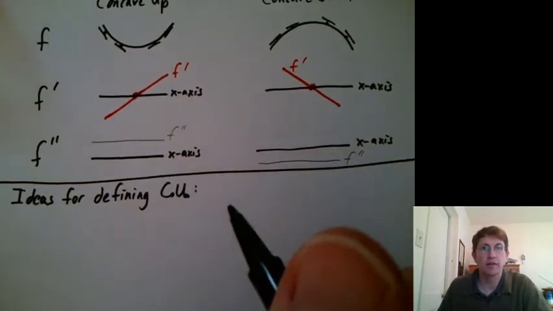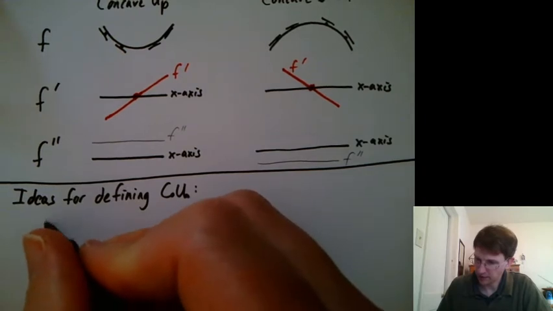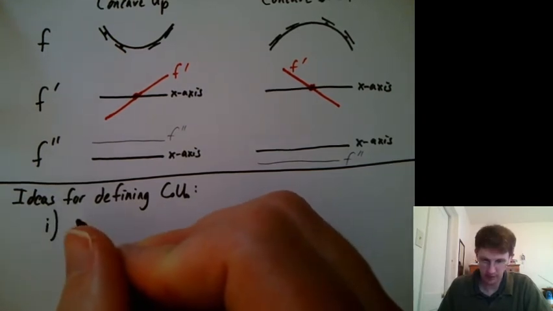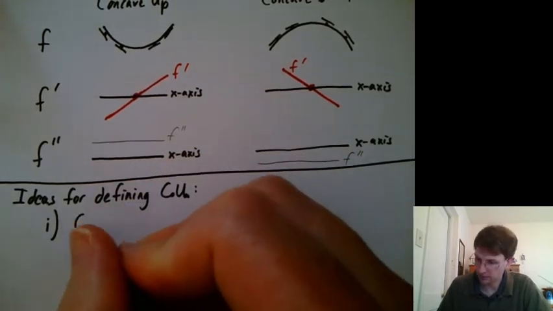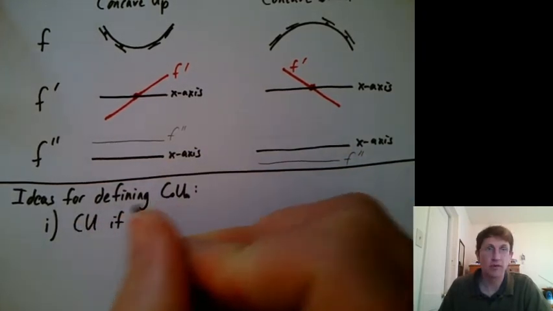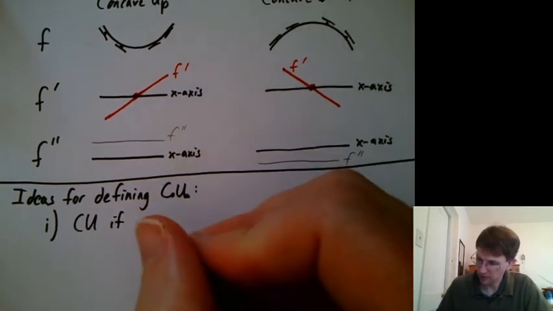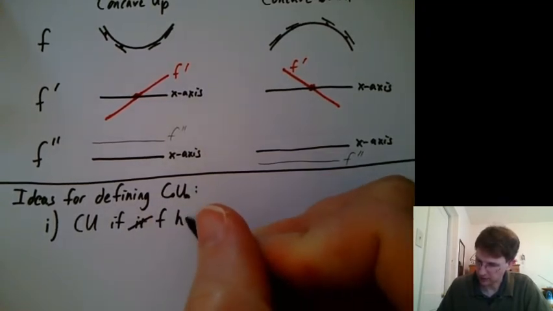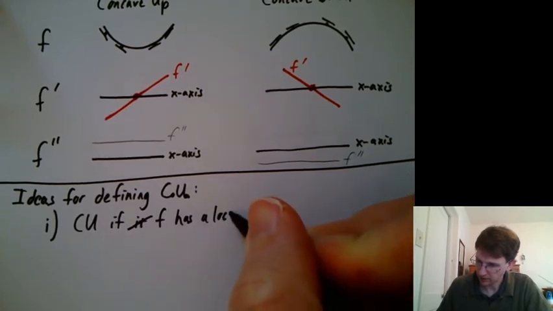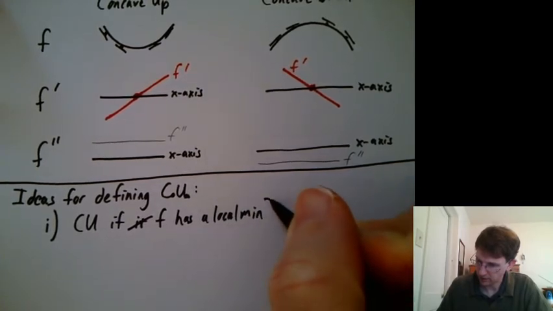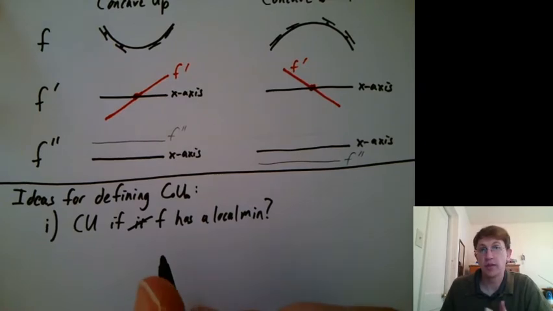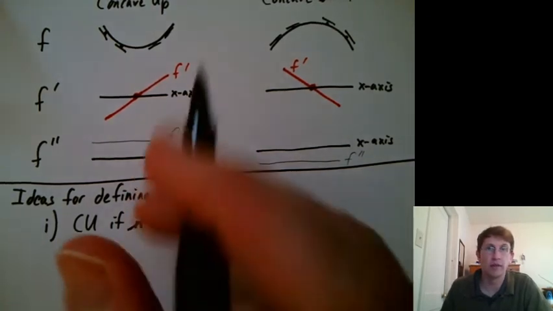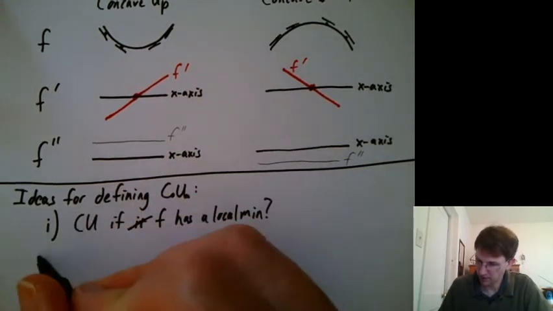All right, last time I taught this, I asked my class for some ideas, and here were some of the ideas. They said maybe something is concave up if it has a local min. We're going to abbreviate concave up as CU. So, we should say f has a local min. I'm not saying any of these end up being our definition, but they certainly make sense based on what we see there.